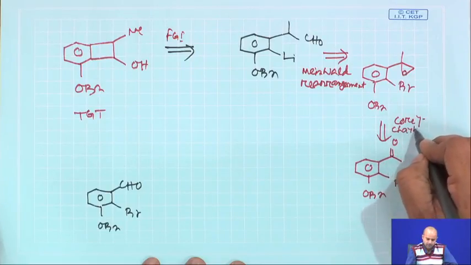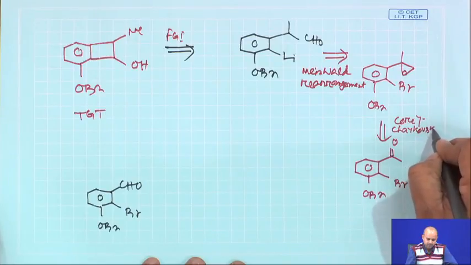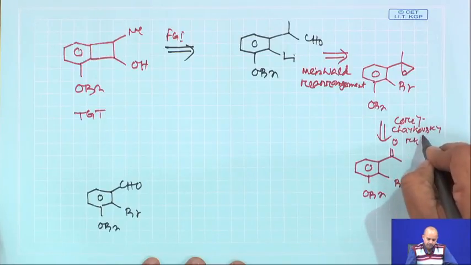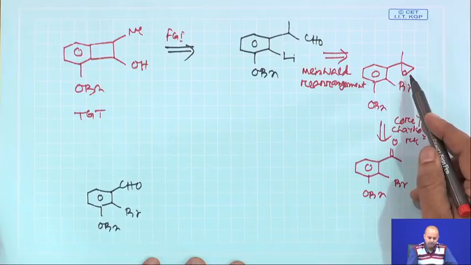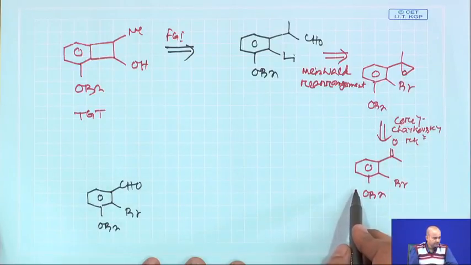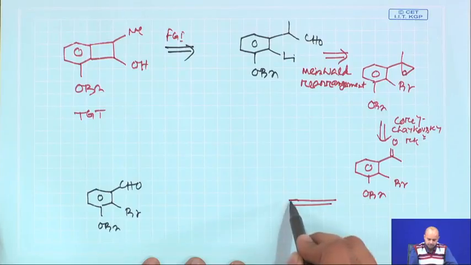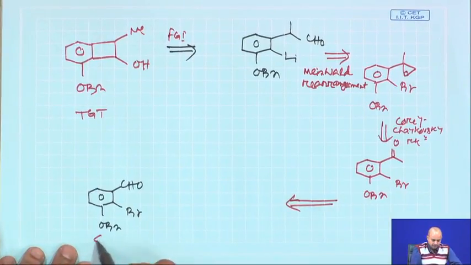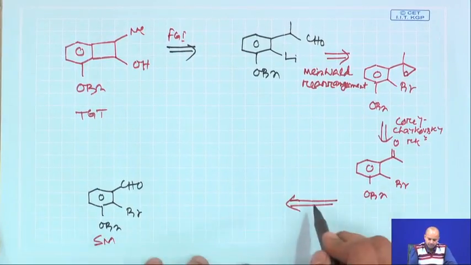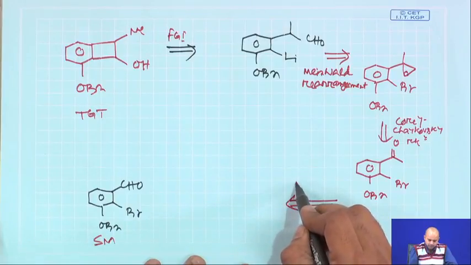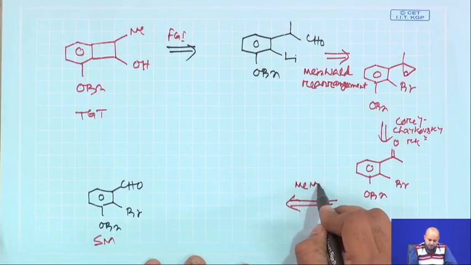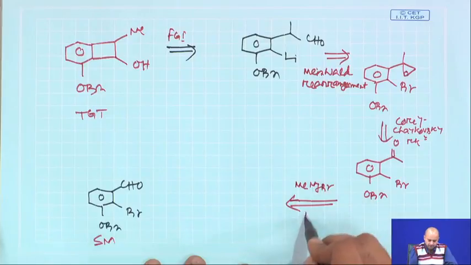So, Corey-Chaykovsky reaction of this ketone will give you this epoxide. Now, this is quite similar to the starting material. What basically you need to do is methyl magnesium bromide and oxidation, it is FGI.